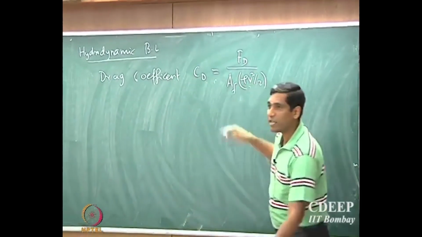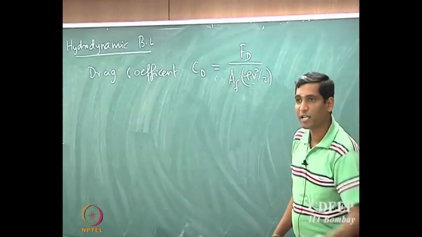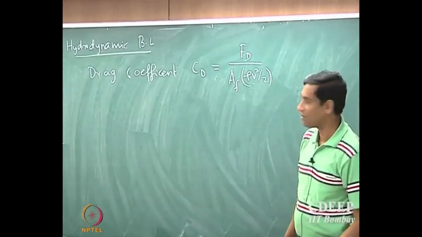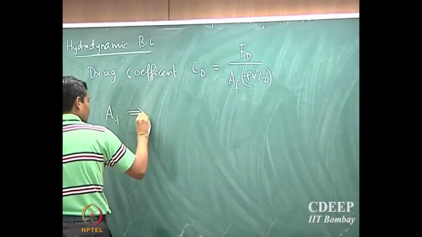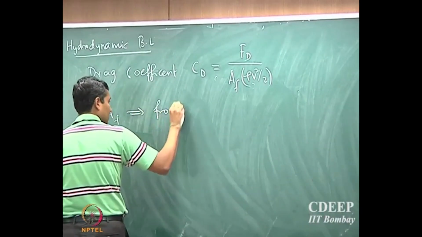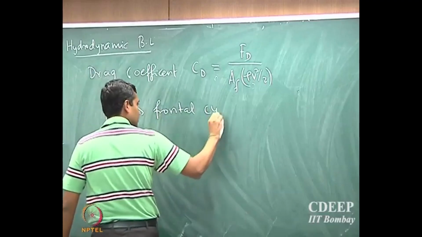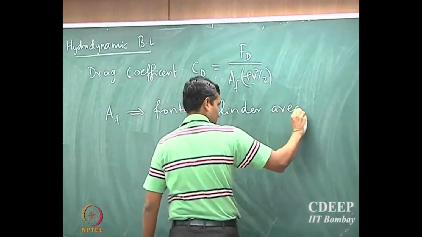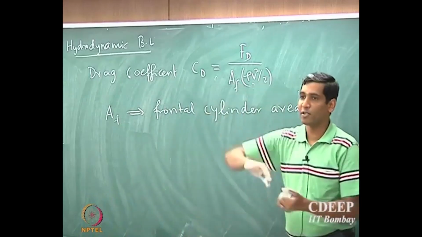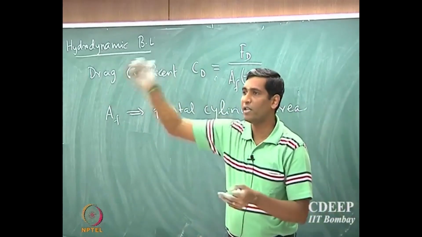AF is the surface area of the front side of the cylinder, the frontal area, that's the front curved surface of the cylinder.